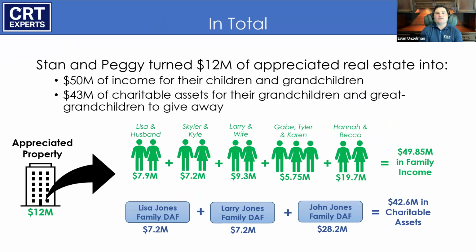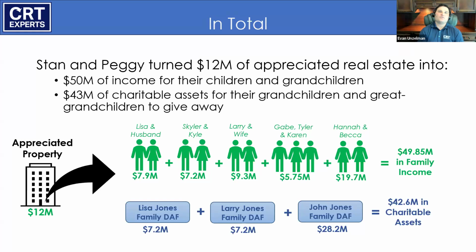So in total, we can see we got that $12 million of appreciated property, and we've created almost $50 million of income for the kids and grandkids, and about $43 million of charitable assets that the grandkids and great-grandkids will give away. So pretty powerful if the client's able to withstand that deferral period. In many cases, indeed, they don't want the taxable income.